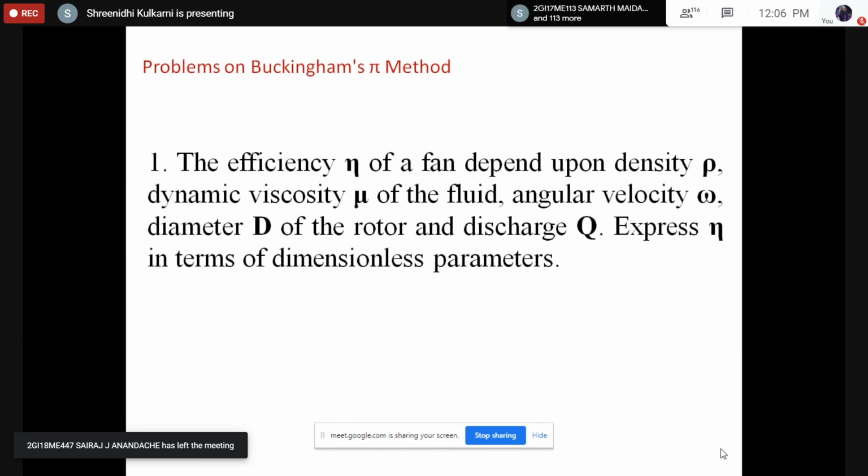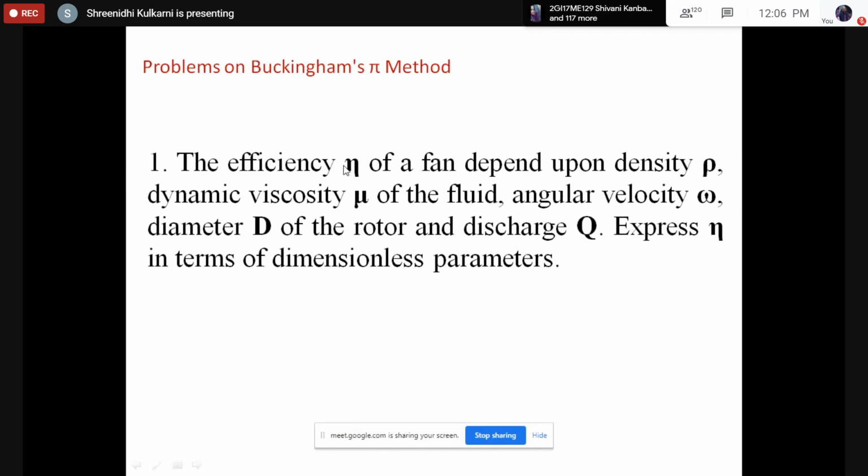In this problem, because we have to write step 1, whatever these are, they are all the variables.